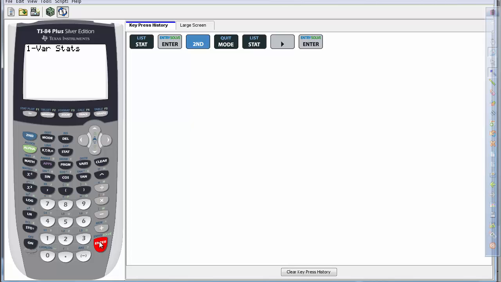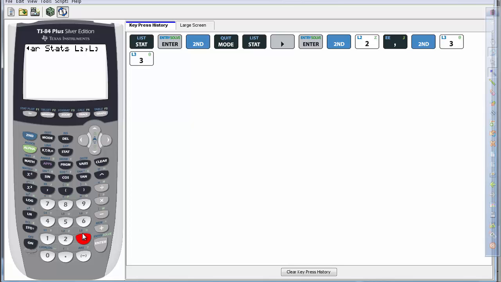So my x values were in L2, so second 2. I'm going to follow that with a comma, and then my frequencies are in L3, so second L3. So we did one variable stats, we tell it where the x values are, and then we tell it where our frequencies are, and we have to put a comma between those two.